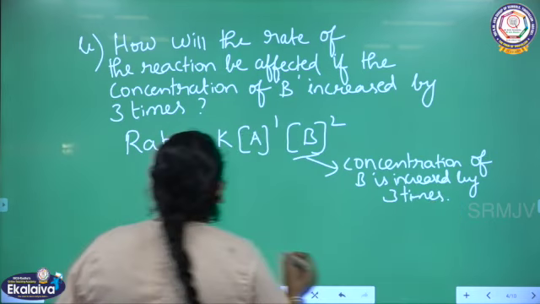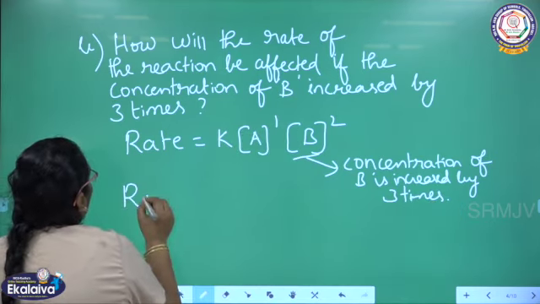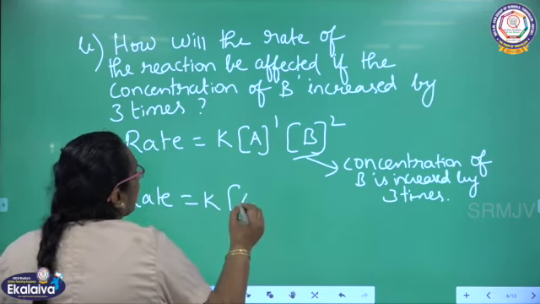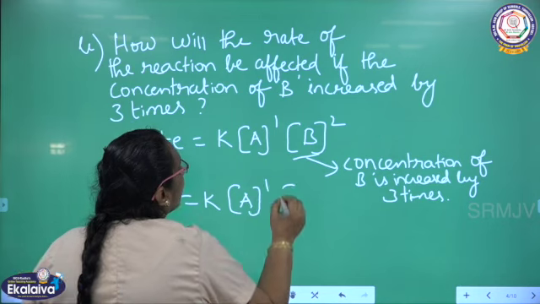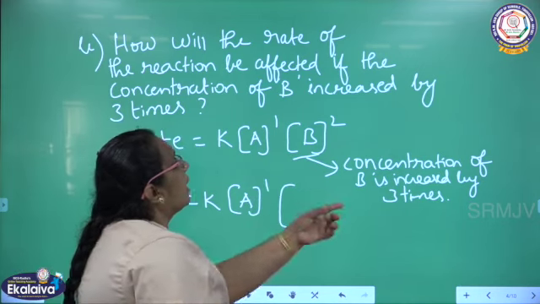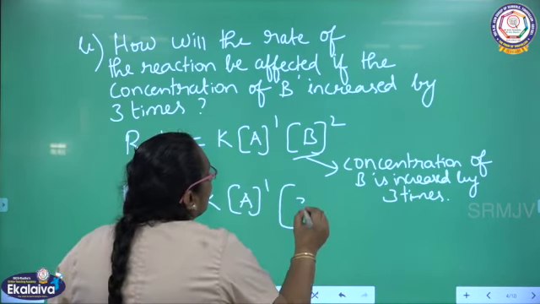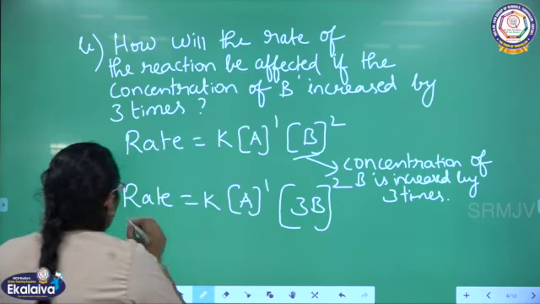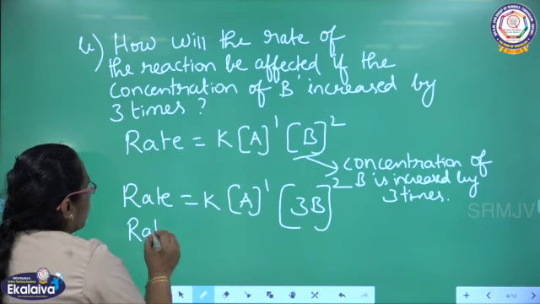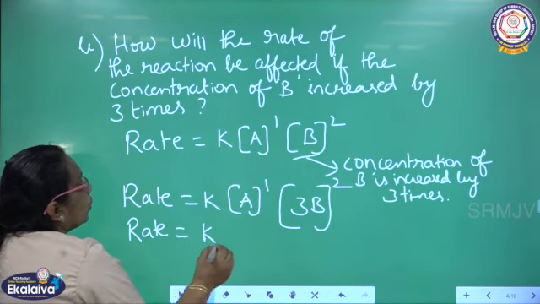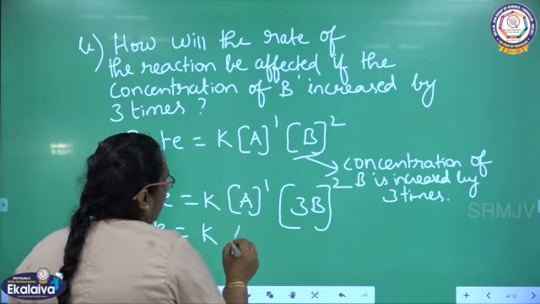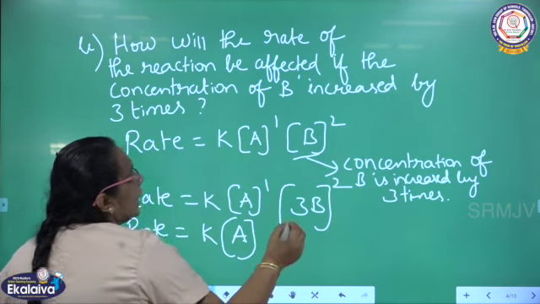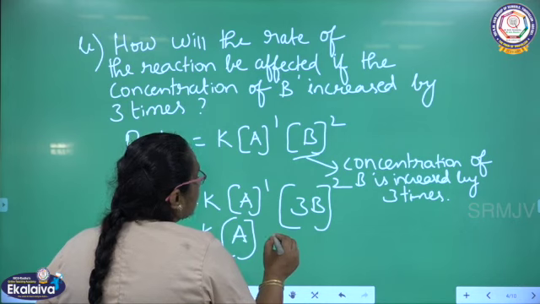So what is the rate of the reaction? Rate is equal to K into molar concentration of A whole power 1. Here I am increasing the concentration of B by 3 times, so 3B the whole square. So what will you be getting? Rate is equal to K into A power 1, which is A, and 3B the whole square, which is 9B square.